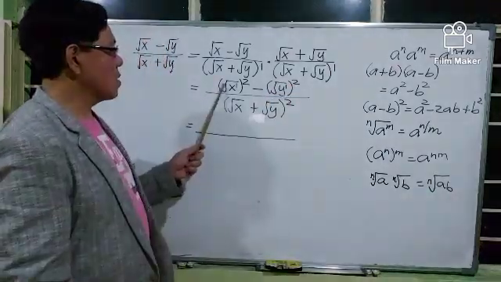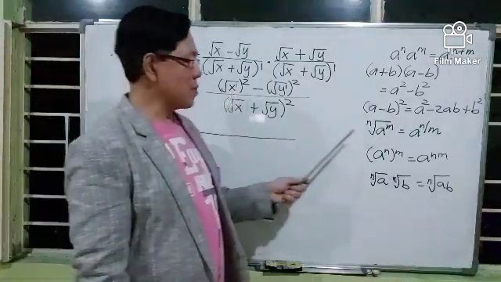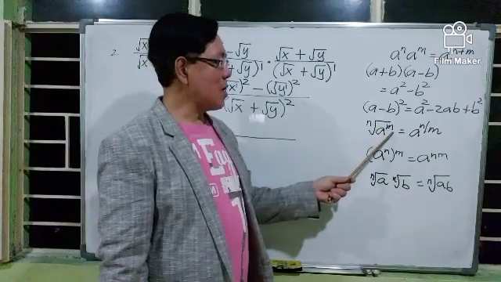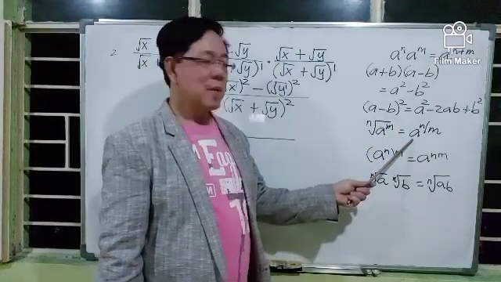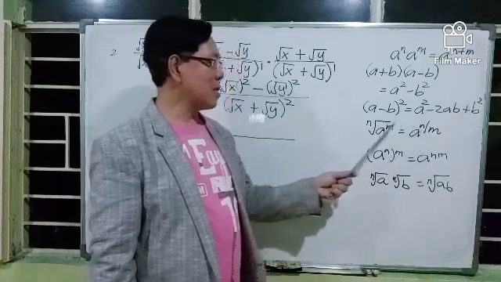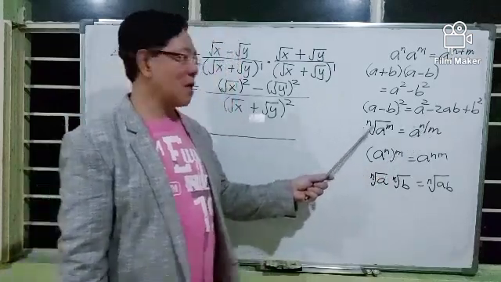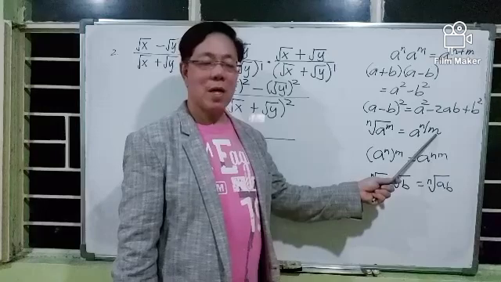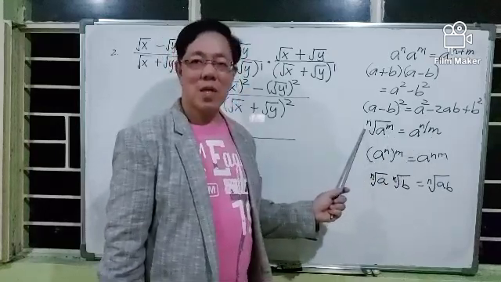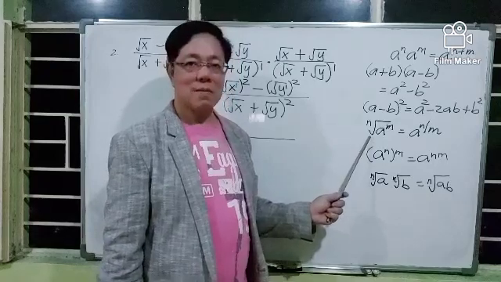For the square root of x raised to 1, we use this property of radical: the nth root of a to the m equals a raised to a rational exponent whose denominator is the index n of the radical sign and whose numerator m is the exponent of a. We use this property of radical to remove the radical sign.